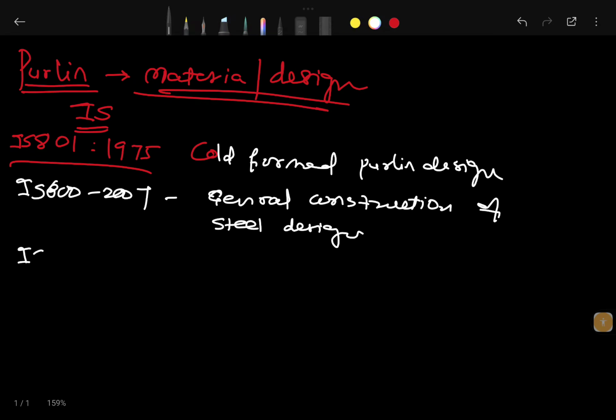Third, IS 875 Part 3. This code we generally use for wind load calculation.